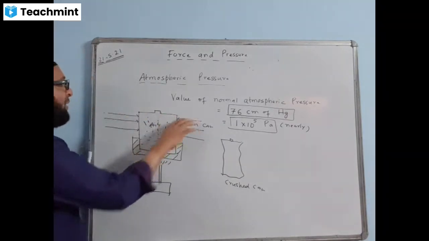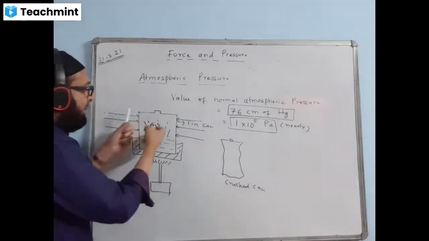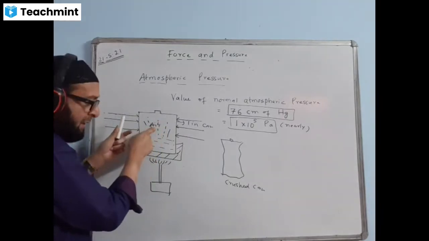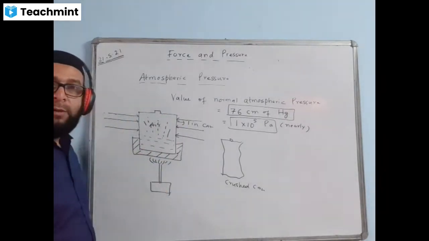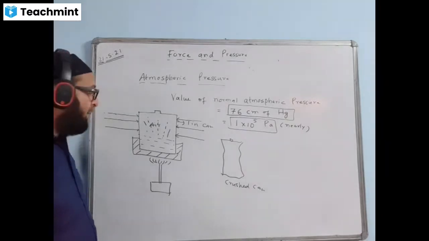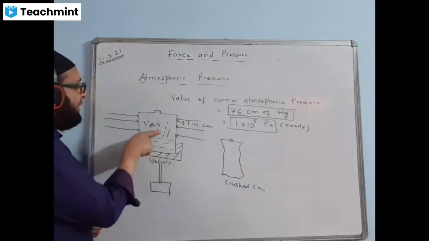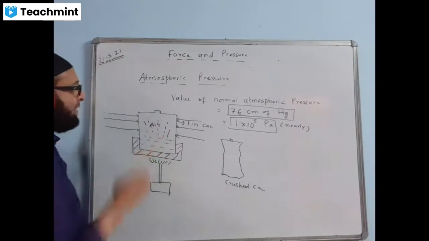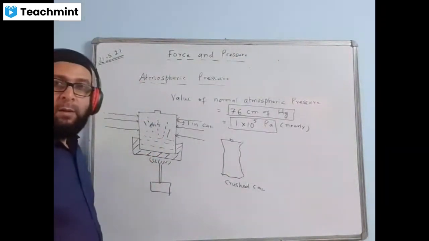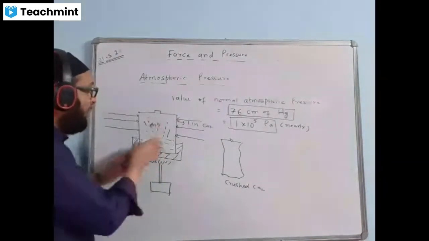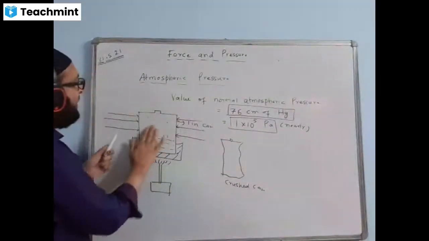So atmospheric pressure outside and the steam or air pressure inside the can are balancing each other, not allowing it to crush. But when you pour cold water on it, this steam will condense into water. There will be no steam now. It will cool, and steam will change into water. That means inside there is nothing.